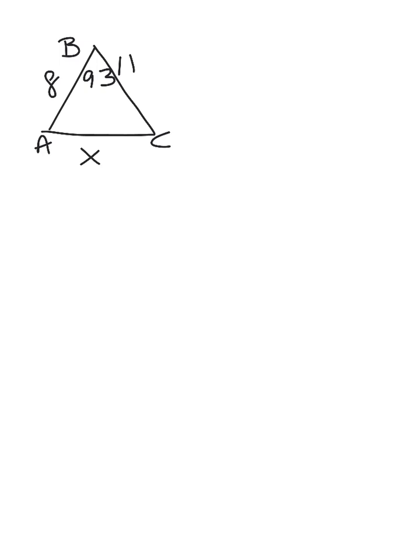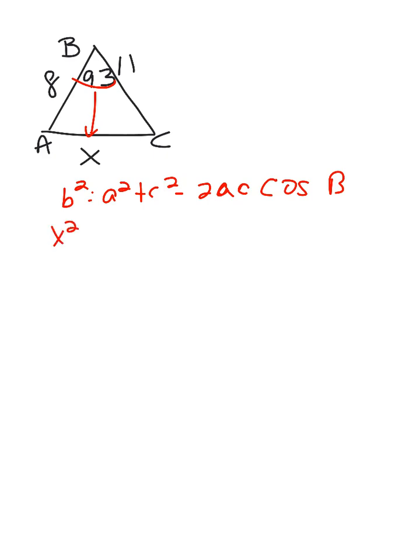This time, since I have angle B and I'm looking for side B, it'll be B squared equals A squared plus C squared minus 2AC cosine of angle B. So I have x squared equals 11 squared plus 8 squared minus 2 times 11 times 8 cosine of 93.